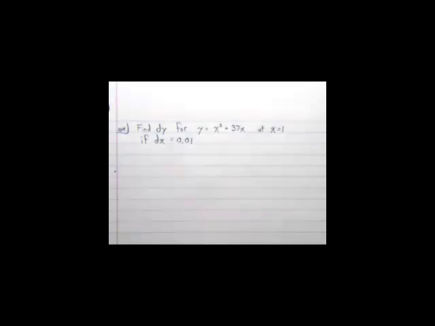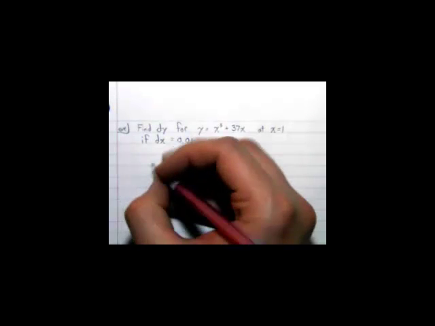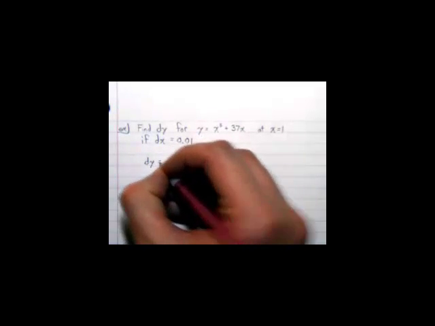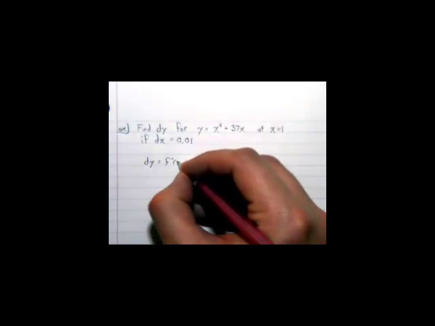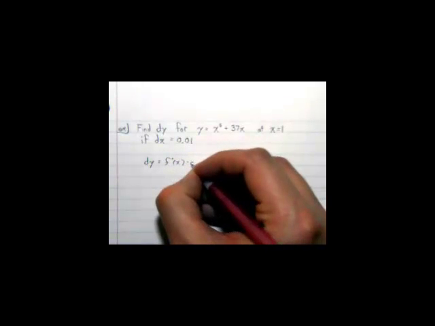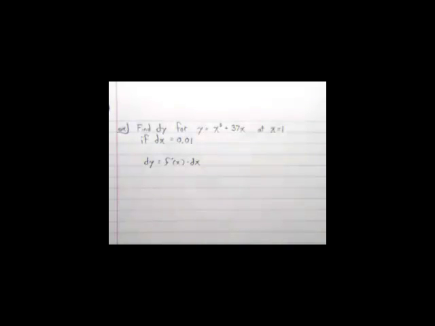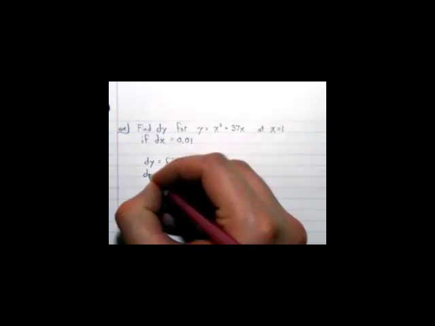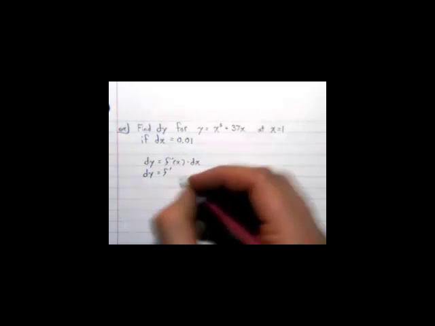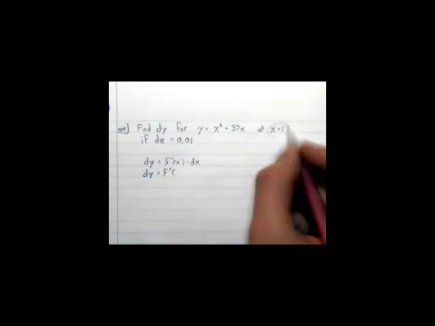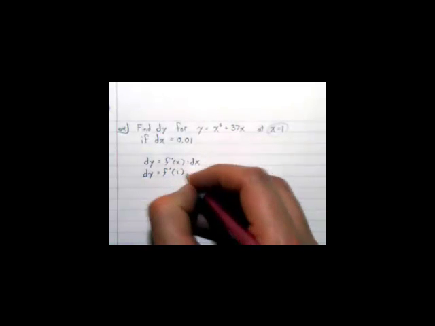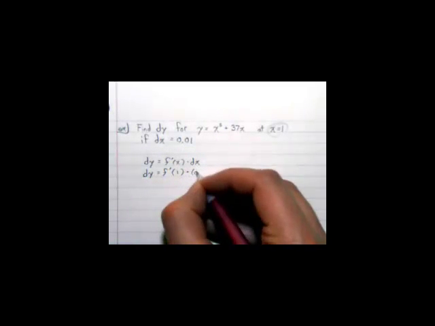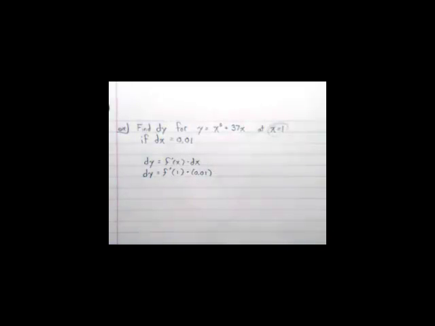This is just a purely algebra type problem when you get down to it. So if we use that equation we came up with, the differential dy is equal to f prime of x times dx. For this particular problem, dy is going to be f prime of 1 because we're doing it at x equals 1, and dx is 0.01.